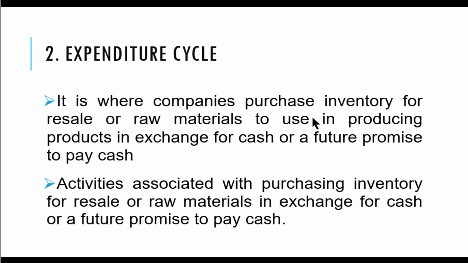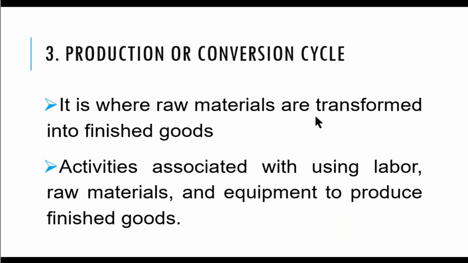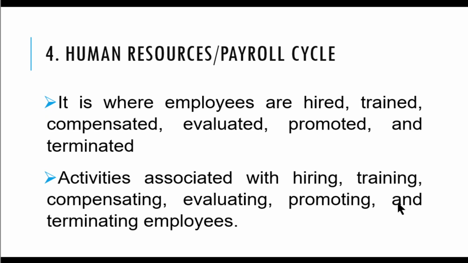Okay, then you have the production or conversion cycle. This is where the raw materials are being transformed into finished goods. Okay, transformation of the goods into inventories. This is associated with using labor, raw materials, and equipment to produce finished goods.